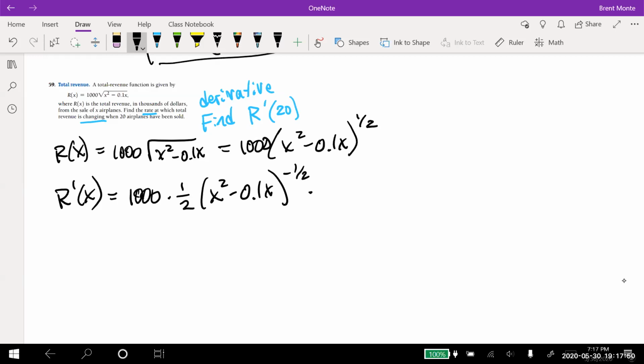So I have to say times the derivative of the inside, 2x minus 0.1, from the chain rule. And that's it. Now, usually we'll simplify these and say, oh, 1/2 of 1,000 is 500. We don't really need to at this point, because I'm just going to plug all this into my calculator.